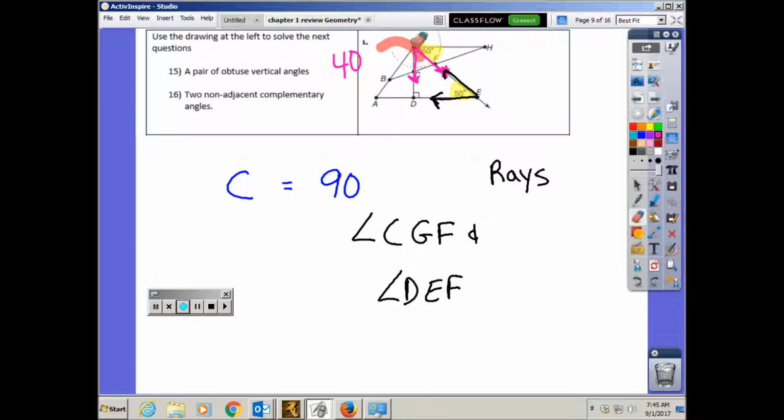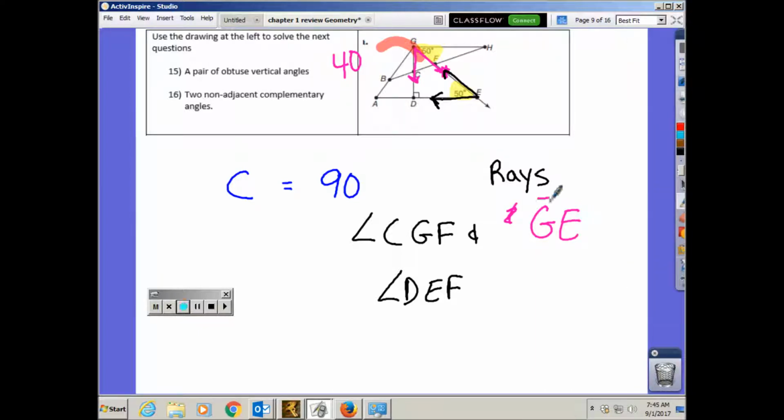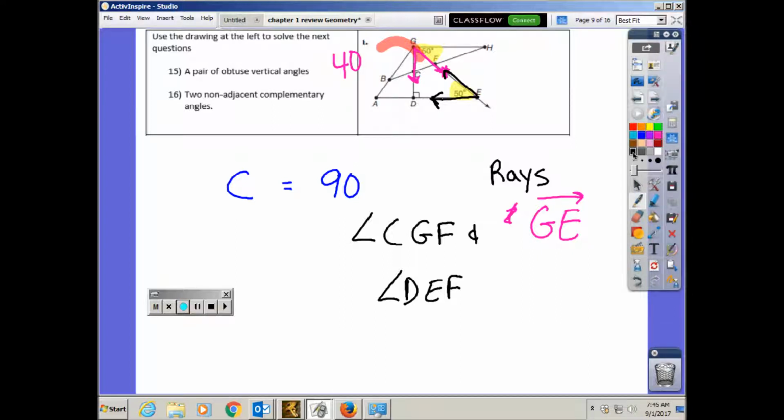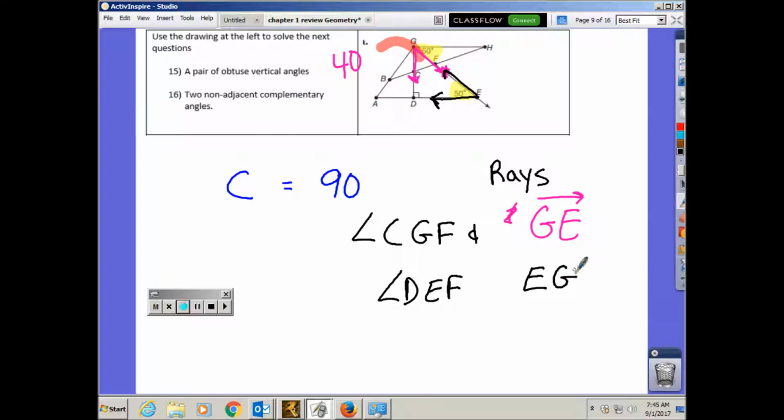And I'm going to color code it here. This ray would be ray GE. This other ray, the black ray, is actually ray EG. They're not actually the same ray because they have different endpoints.